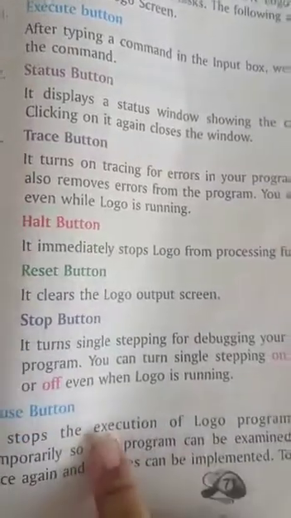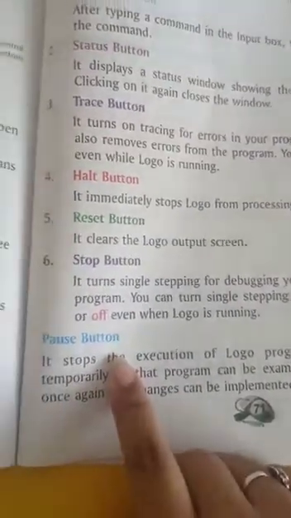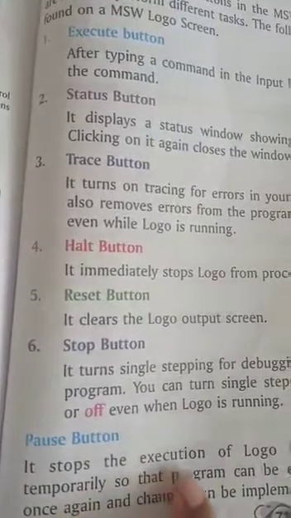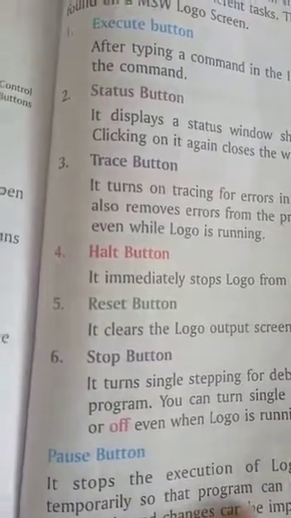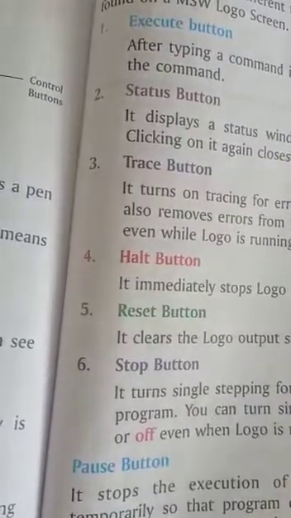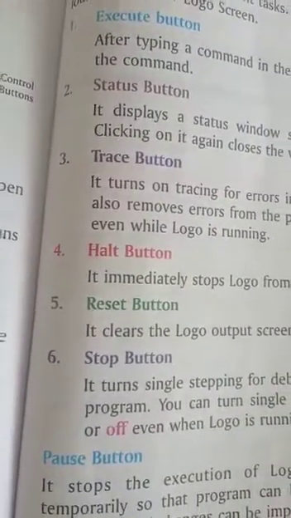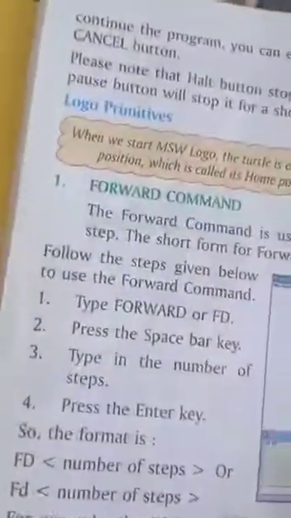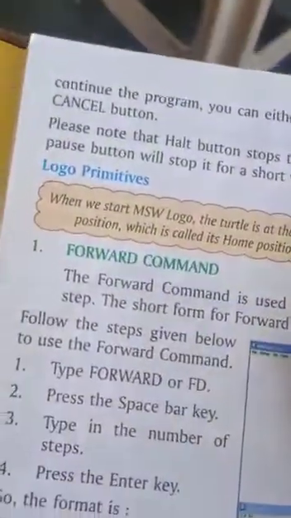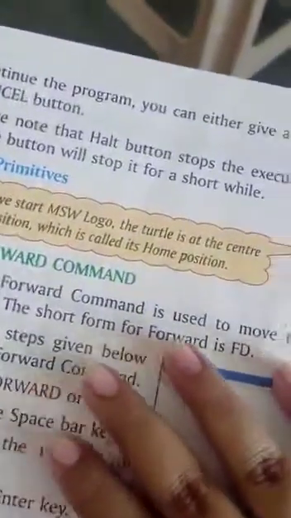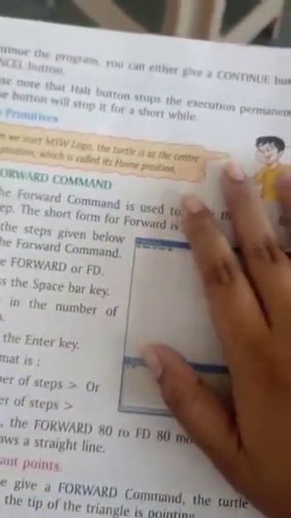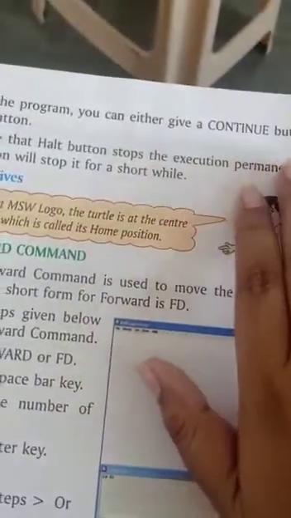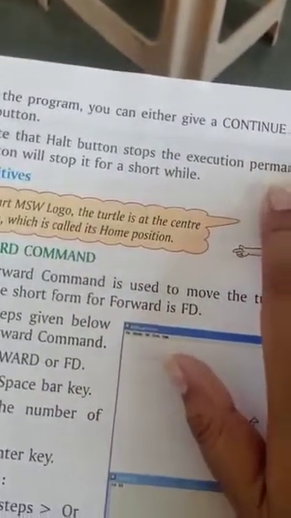Next is the pause button. It stops the execution of Logo programs temporarily so that programs can be examined once again and changes can be implemented. To continue the program, you can either click the continue button or click on the cancel button.